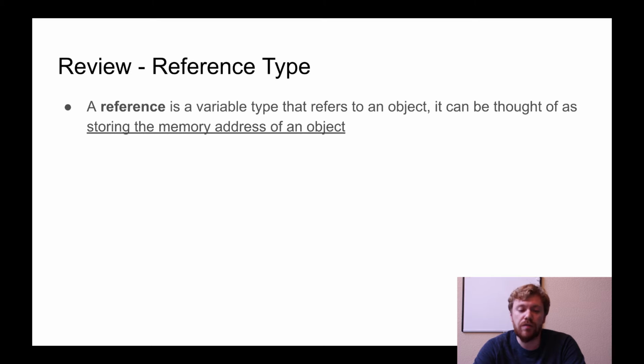It can be thought of as storing the memory address of an object. If you've watched the memory video, an object's memory resides on the heap, right? And so basically the reference is an address to that memory on the heap.